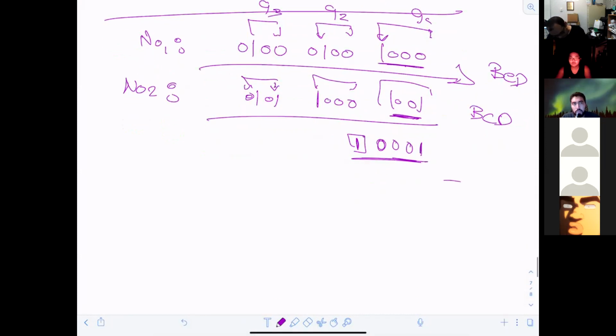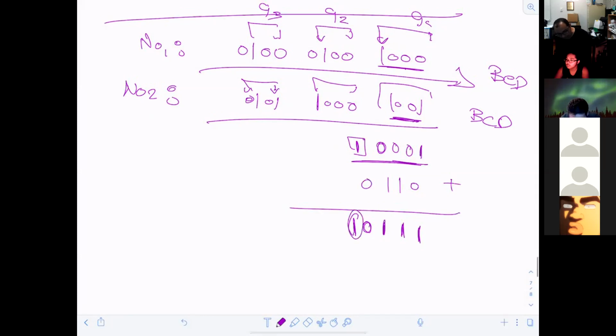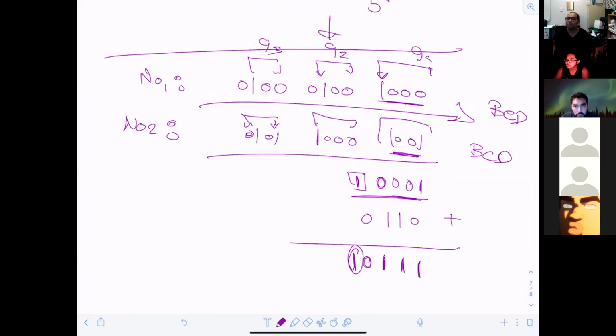So now I'm going to add here 0 1 1 0. Let's add it and see how it looks. So 0 plus 1, 1 1 1 0, right? That's basically what we have. And I have here the extra 1. That makes sense? So in that case, that one is a carry out to be added there.